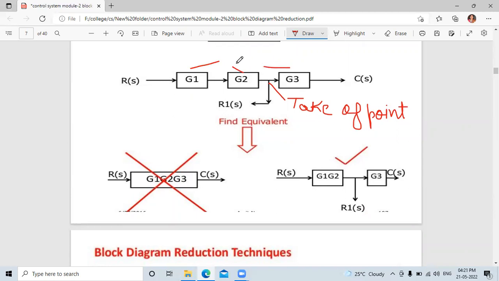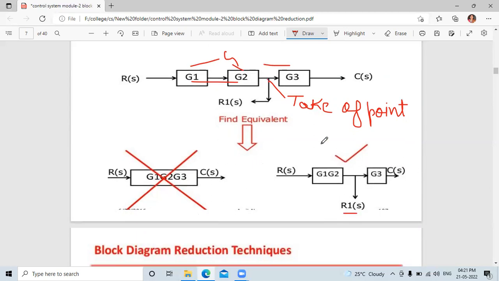Only these two are in series, so we can multiply G1 and G2. Later we need to shift this takeoff point, and only then can we solve this one. This is wrong if we write it directly. So G1, G2, and we need to write R1(s) and G3(s).